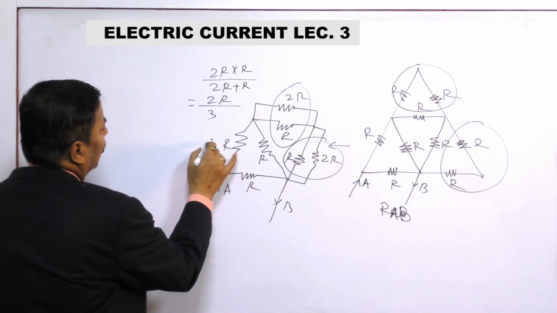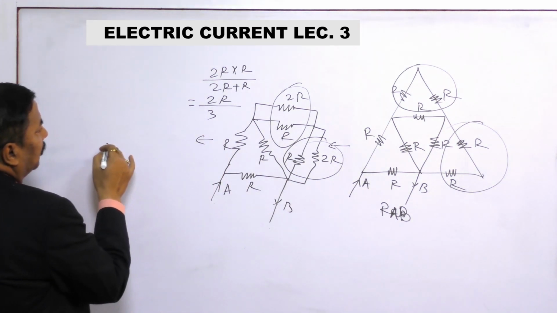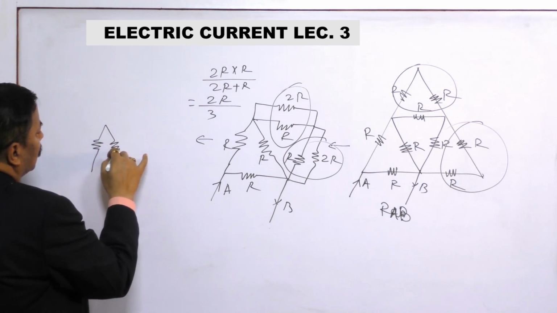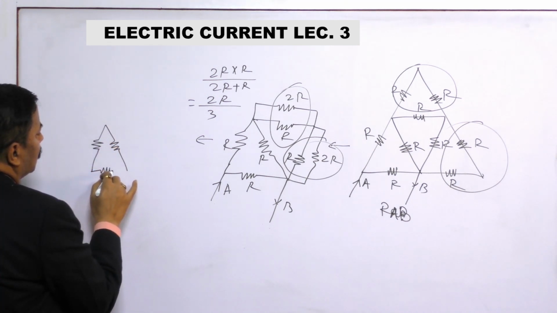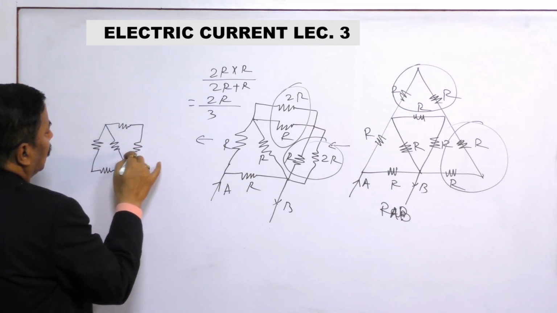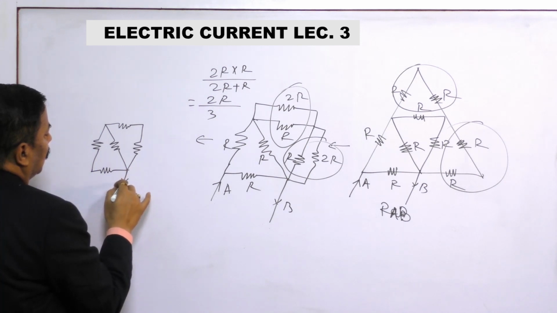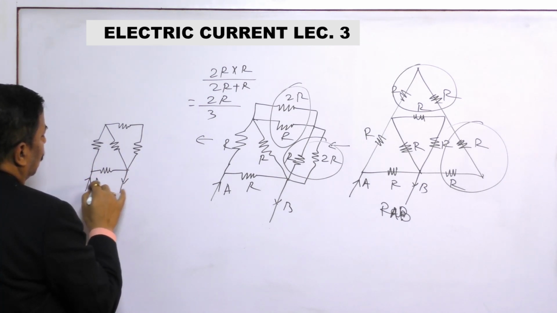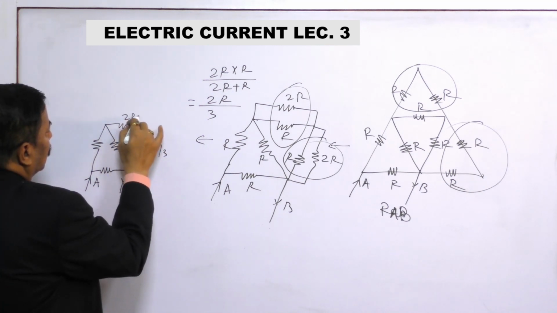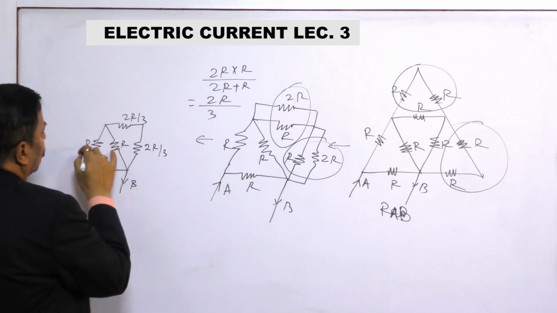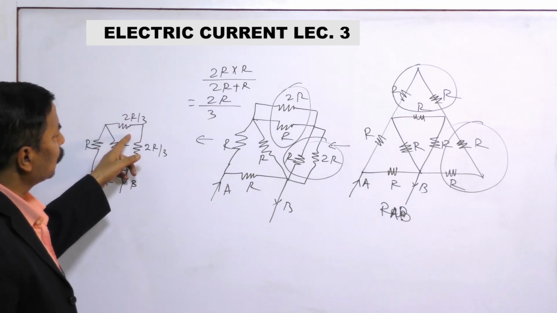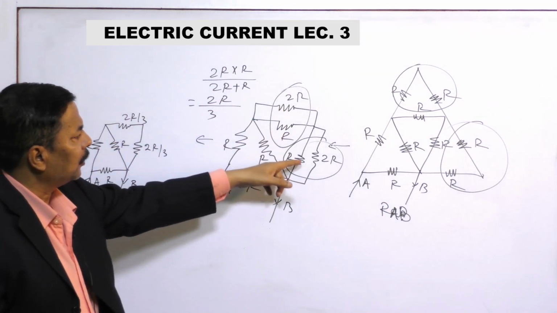So the next diagram we get in this way. This is also 2R by 3 and this is also 2R by 3; 2R and R are parallel, 2R and R are parallel.